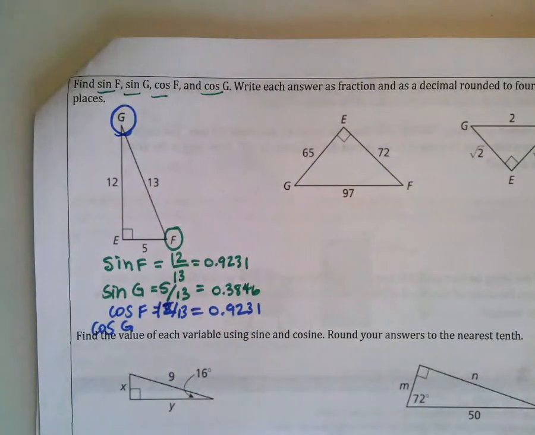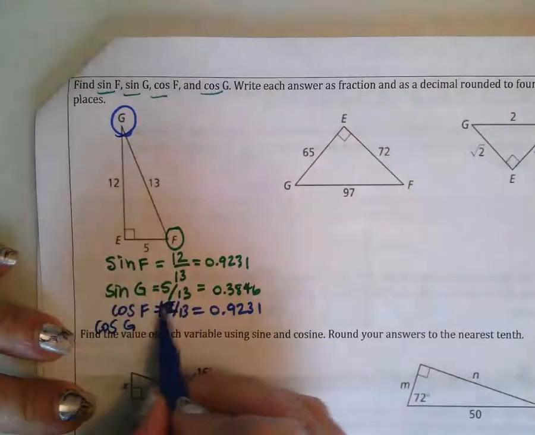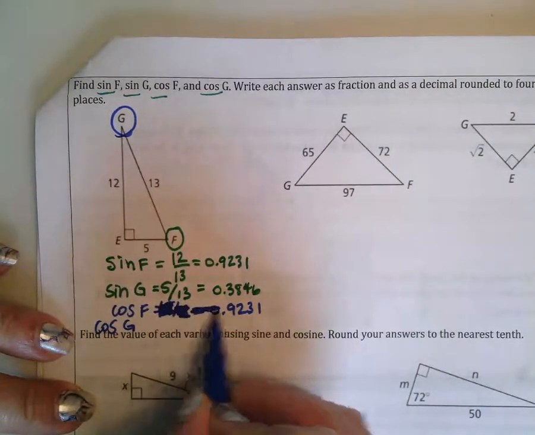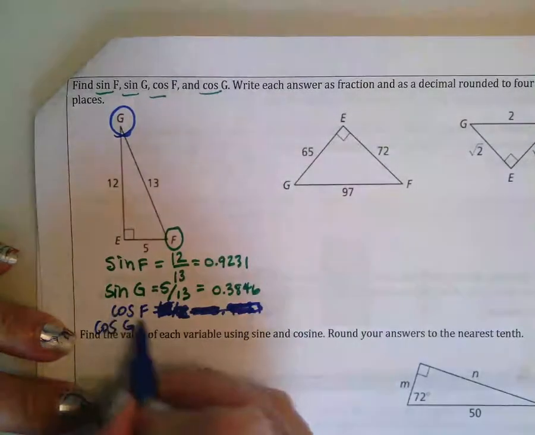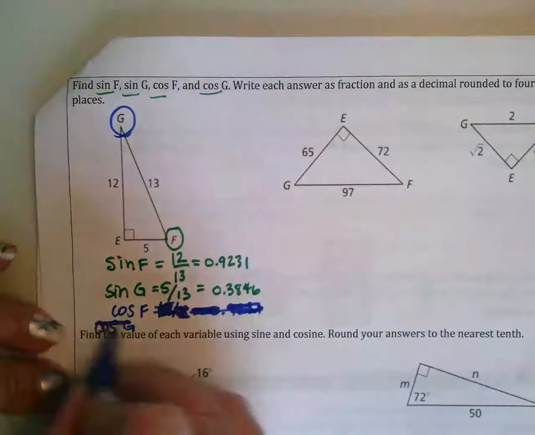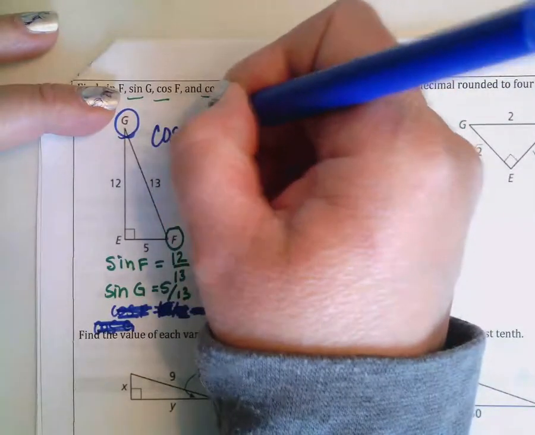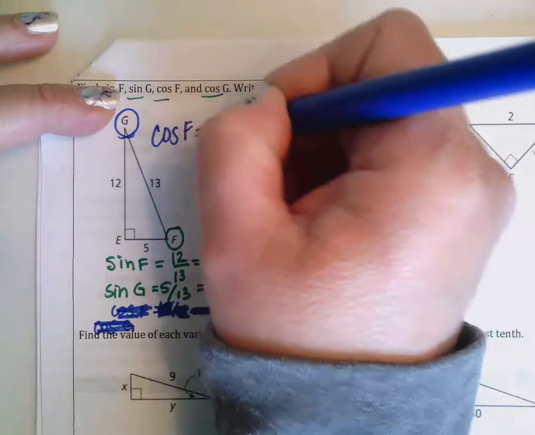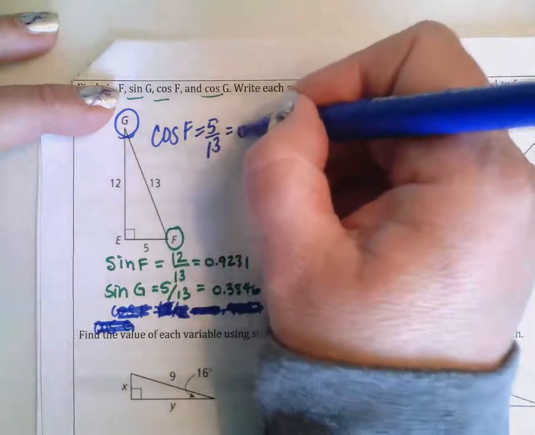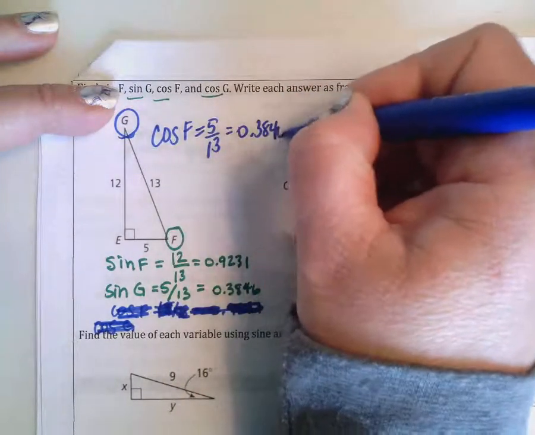Oh wait, it was because it was this one. It would have been easier to just change that into a G, but let's do this up here so I don't get myself confused again. Cosine of F is 5 over 13, or 0.3846.